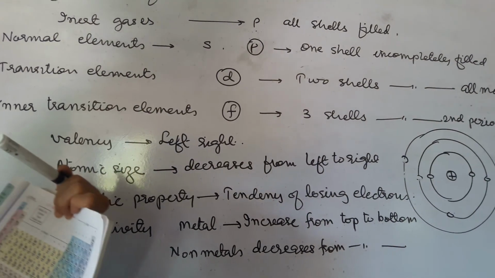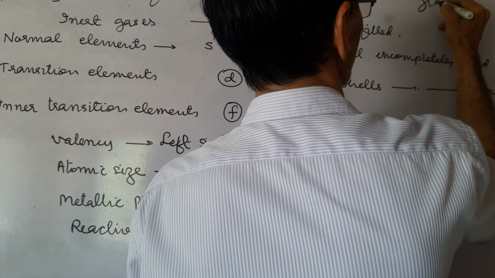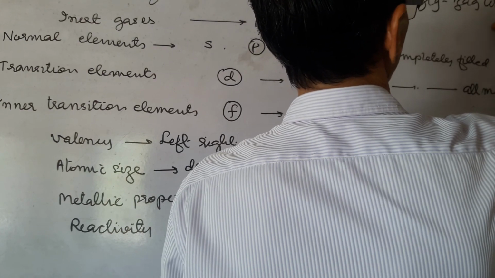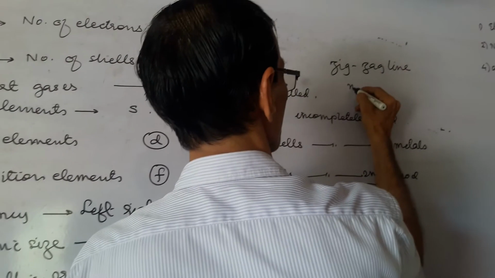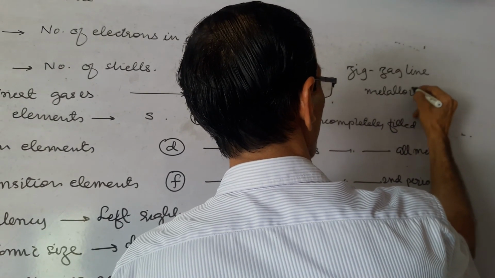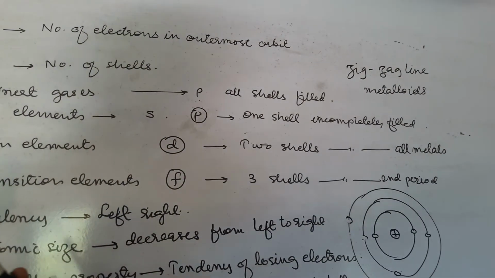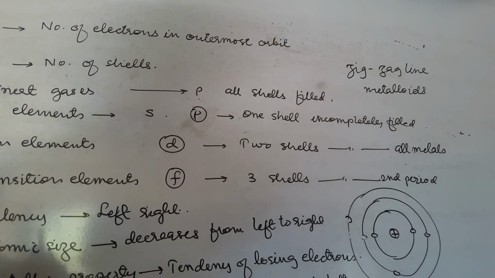This zigzag line is of metalloids. They have properties of both metals and non-metals, and on both sides of the zigzag line you find metalloids.